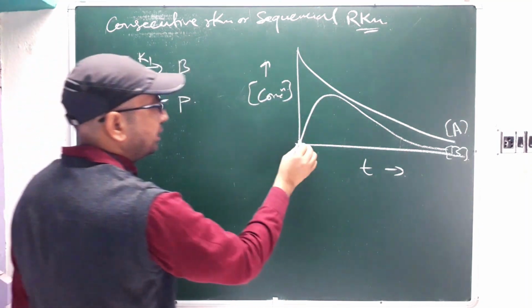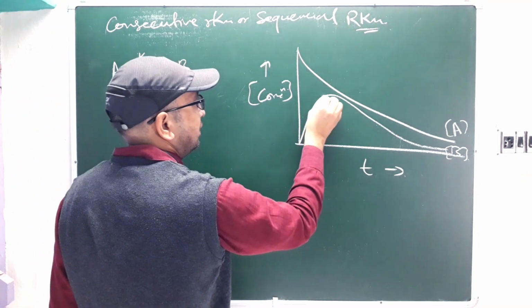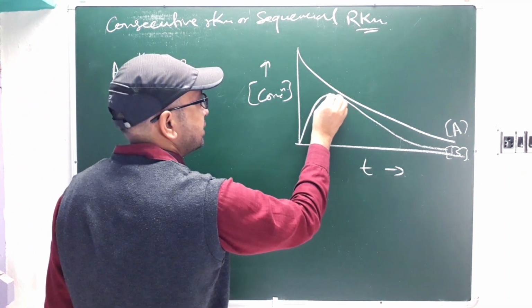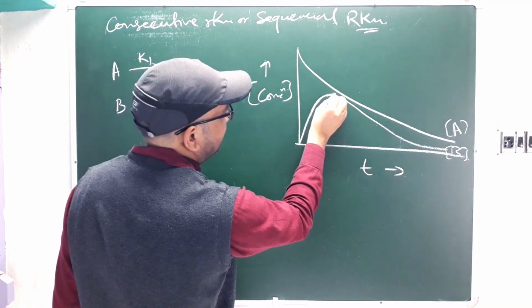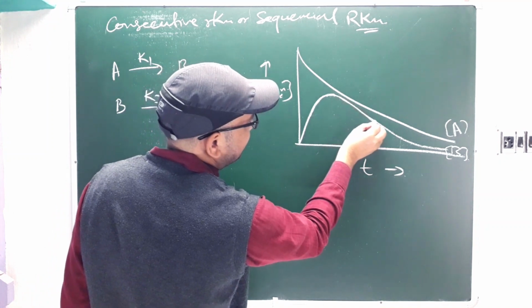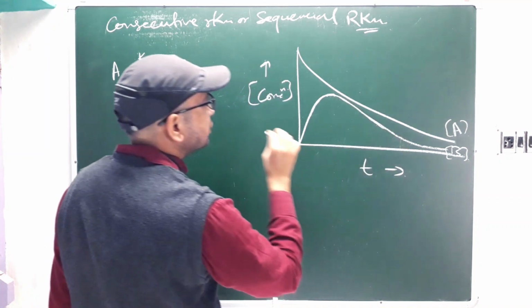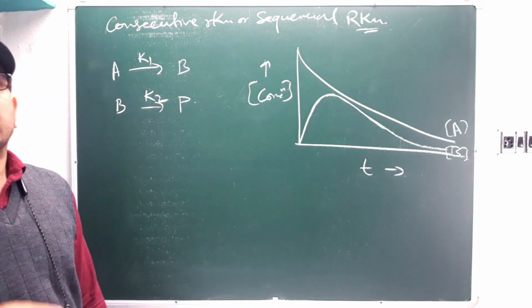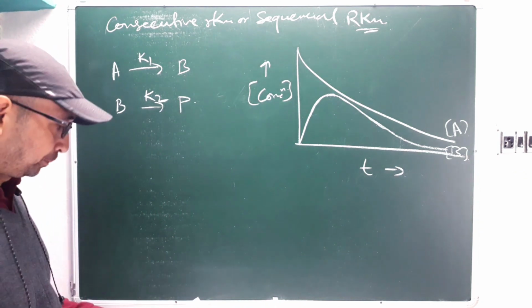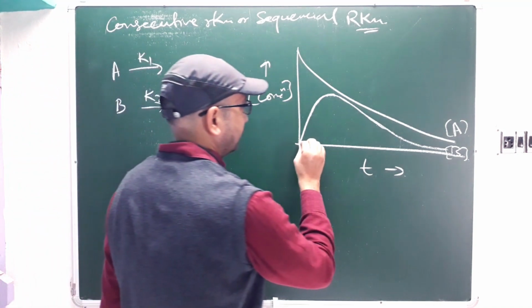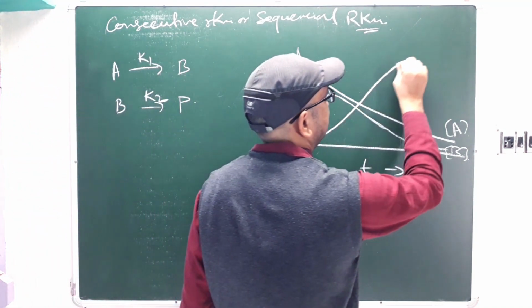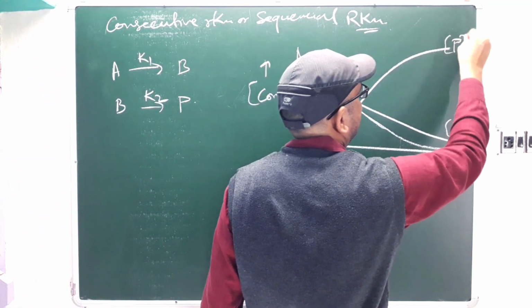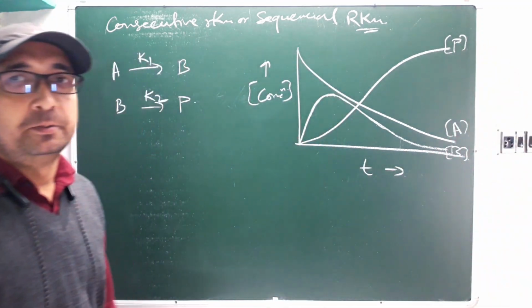Initially it is very fast, and when it reaches the peak, the B concentration starts decreasing, right? Why is it decreasing? Because we have another species which we call P, so that product is getting formed, right? So this is the graph for the product.